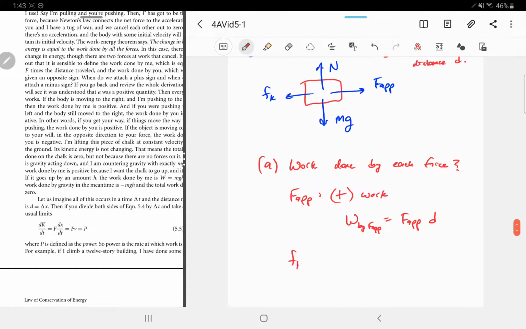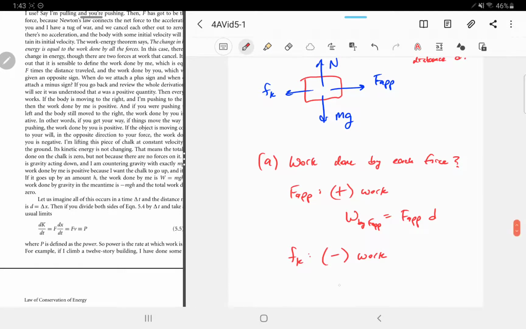The frictional force is doing negative work. So the work done by that frictional force is equal to negative F applied times whatever distance the block travels. The frictional force is to the left, the box's displacement is to the right, and so that dot product is negative.